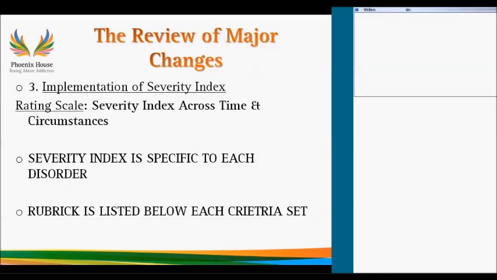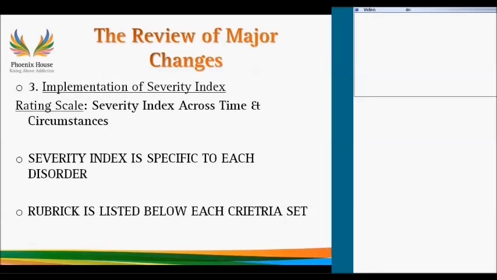Implementation of the severity index, the rating scale, is going to vary across time, circumstances, and disorder. This is where really having that manual, whether you have the desk reference or the full manual, you're going to need to look at the manual. What I briefly mentioned previously about bipolar disorder having moderate, severe, and then severe category, and then depression having just mild, moderate, severe, versus the substance abuse that we went over, having a minimum of 2 and more than 4.